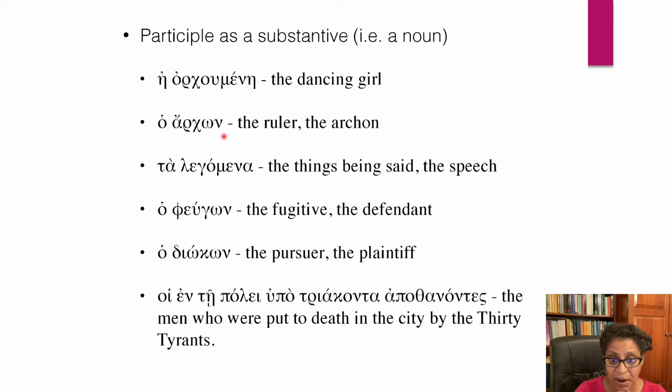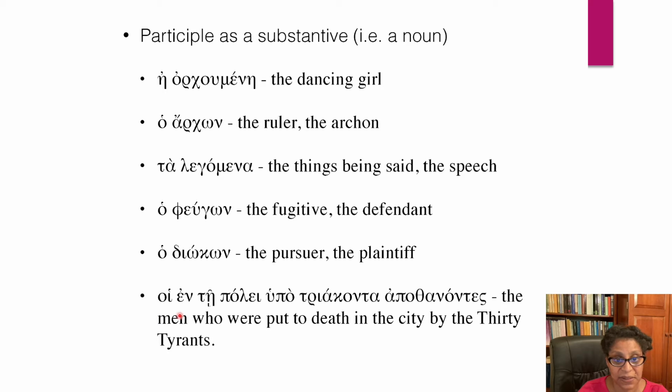Ho archon, the archon, the ruler. Again, article plus the participle. Ta legomena, the things being said right now, the speech. Ho pheugon, the fugitive, the guy who's fleeing right now, or the defendant. Ho diokon, the pursuer, the plaintiff, the one pursuing the person.